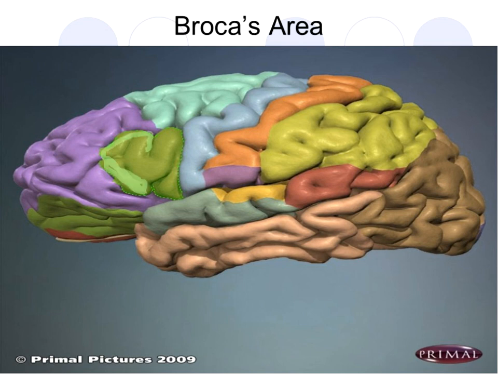Okay. And pars opercularis, which is here. But orbitalis is not a part of it. This is Broca's area. This is area 44. Okay.